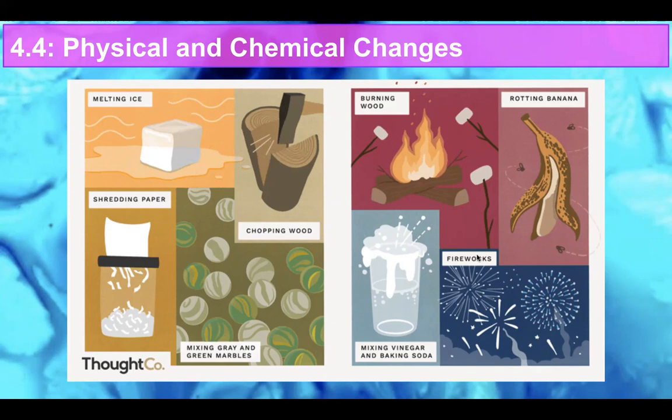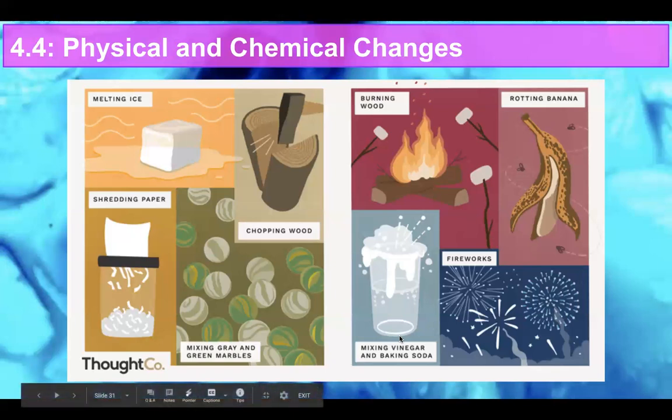However, over here, these are chemical changes, okay? So bonds are being broken and formed. So the rotting of a banana, the burning of wood, so the combustion of the wood that we have here, the acid-base reaction between vinegar and baking soda, the reactions that occur in the explosion of fireworks.